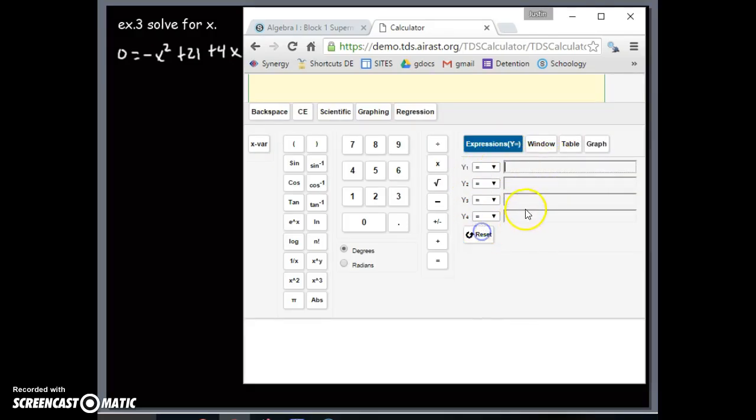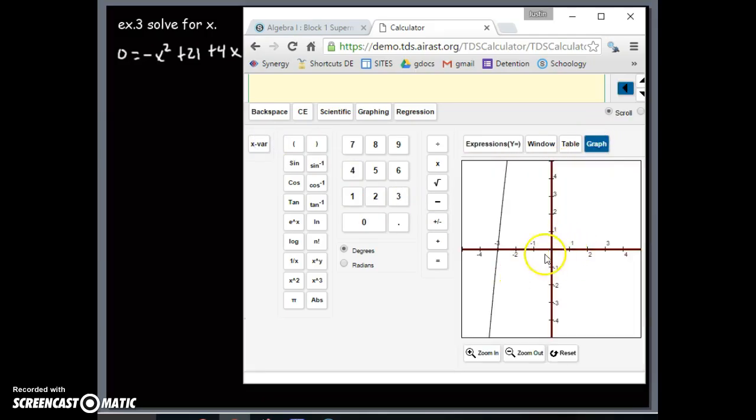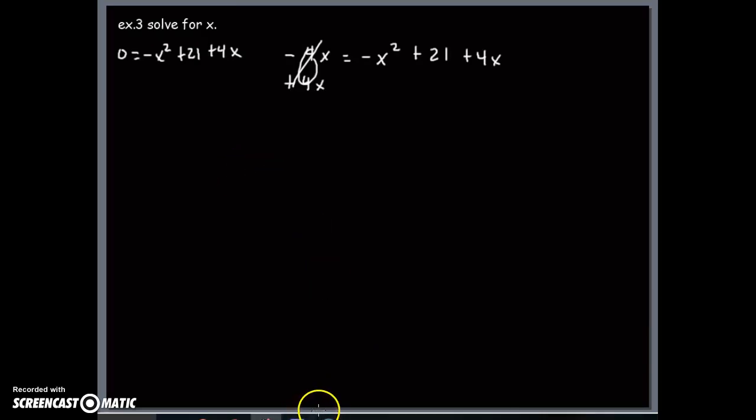So I'm going to reset this. And that 0 is our y, so we can start with the -x squared plus 21 plus 4x. And I can hit graph. So I can't see the full quadratic, so I'm going to go ahead and scroll out a bit.